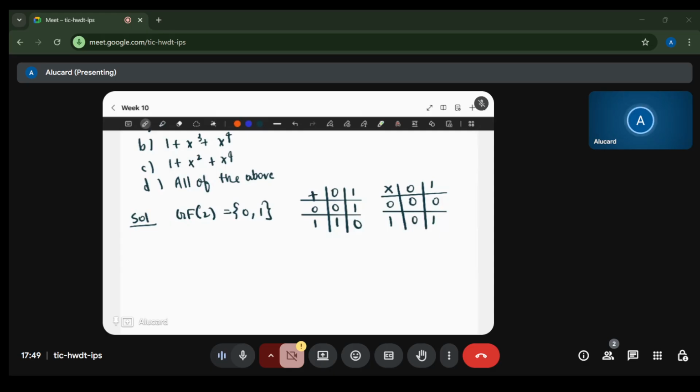A primitive polynomial is a polynomial that cannot be expressed as a product of two factors of lower degree. That's an irreducible polynomial. And it's called primitive if the roots of the polynomial don't belong to GF of 2.